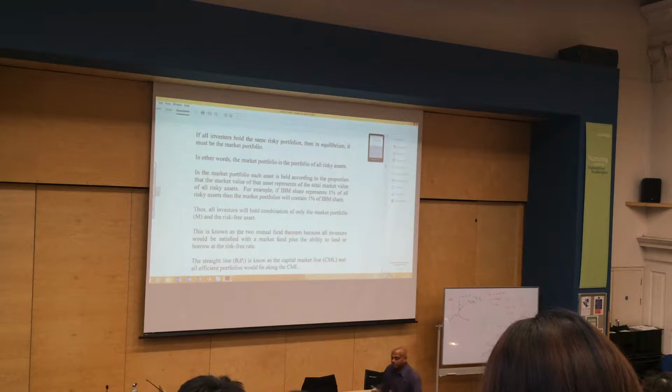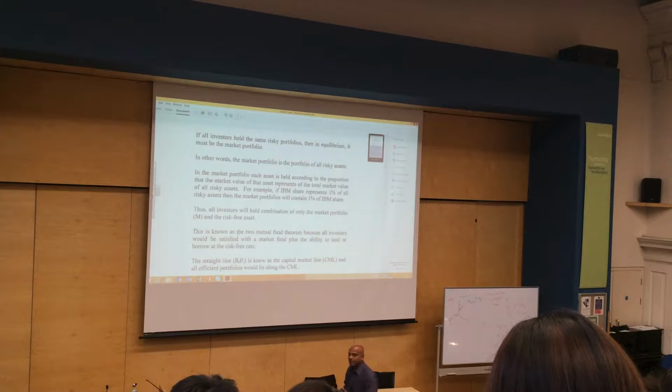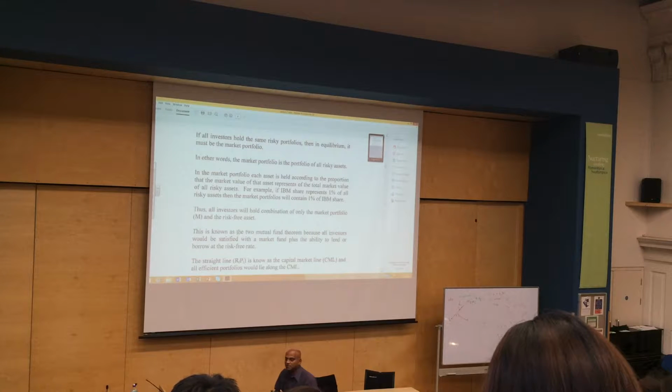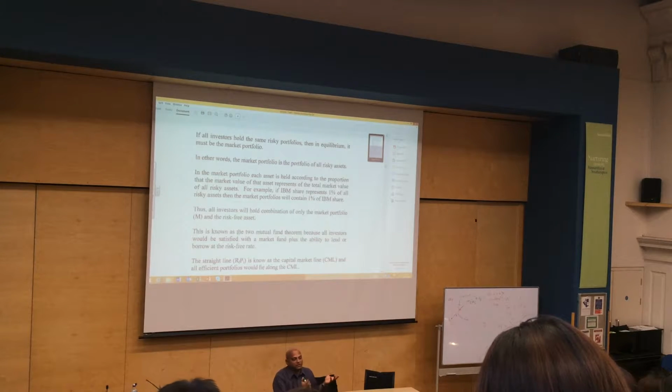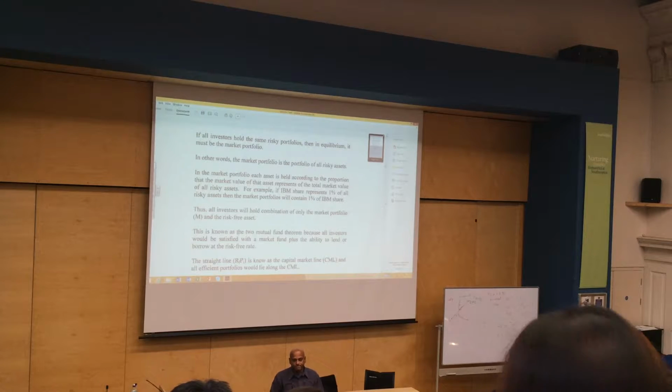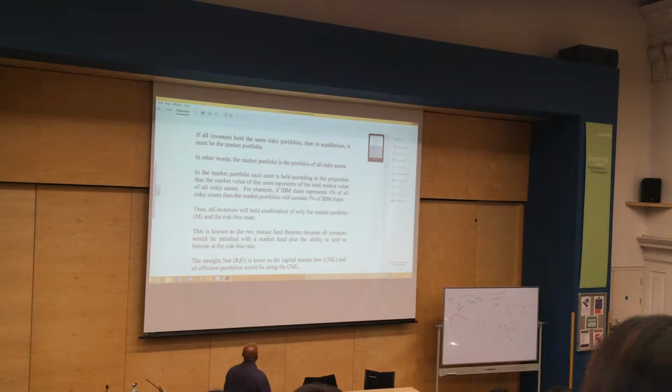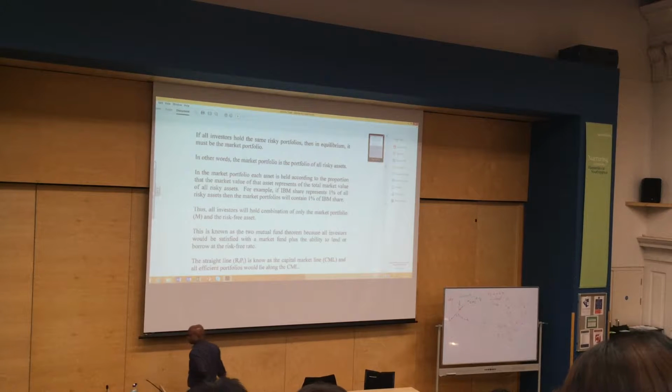Some are more happy by borrowing and putting more money in the market portfolio, and some are more happy by lending and putting less money in the market portfolio. Some who are very, very scared put everything in the risk-free asset. So it's not that there are two assets. And this line is the capital market line.